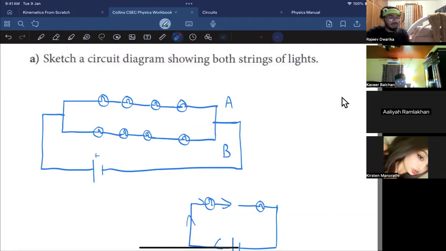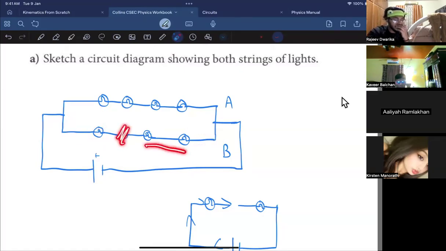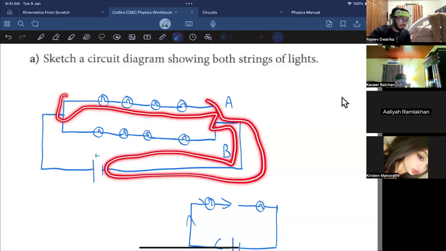Yeah. So if the current can't pass through this stretch, if this bulb is blown, will the current be able to reach these other two bulbs? No. Will the current be able to reach back to the ground, the negative? No. But what about the top? Is the current flowing? Yeah.